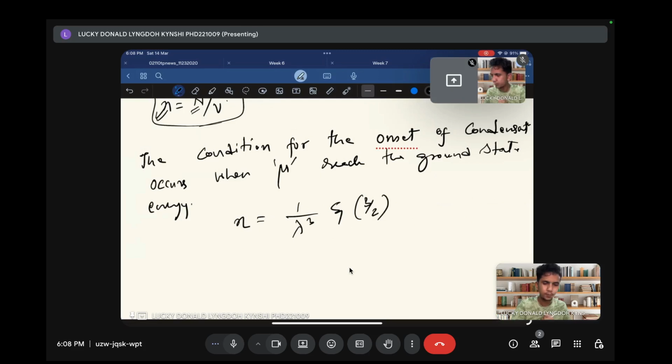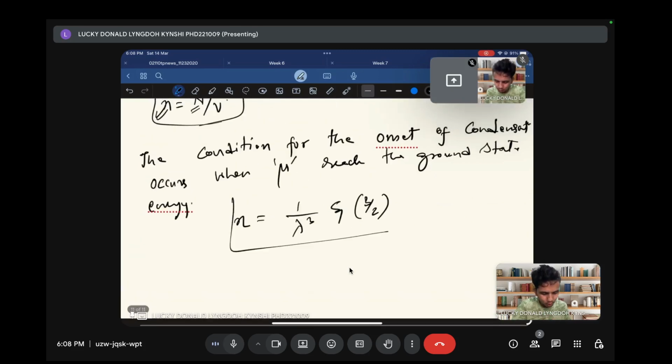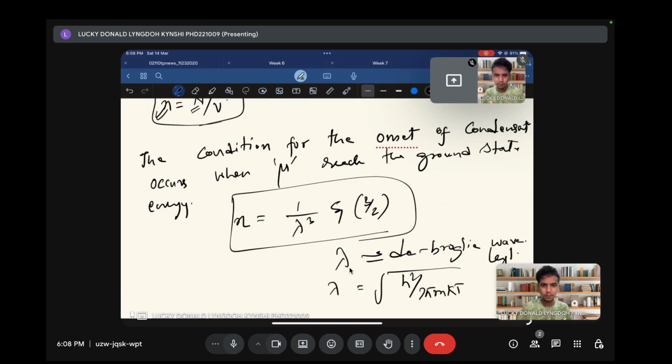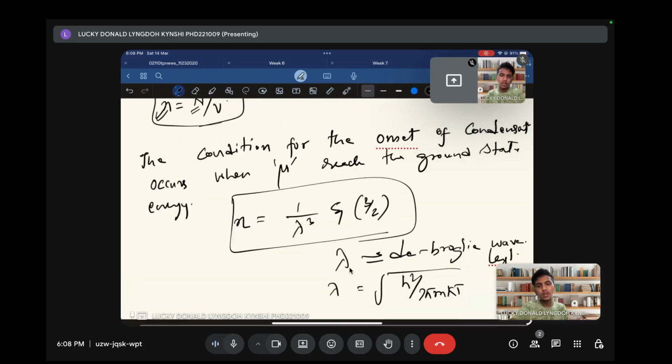2. Here lambda is your de Broglie wavelength, and your de Broglie wavelength lambda is equal to h square by 2 pi m kT, under a square root. So the relation is between the number density and your de Broglie wavelength, and the de Broglie wavelength is also related to your temperature.